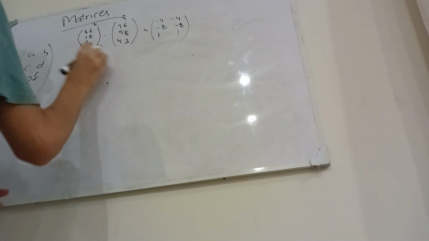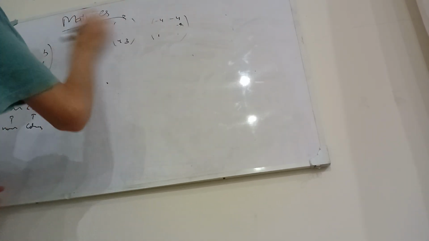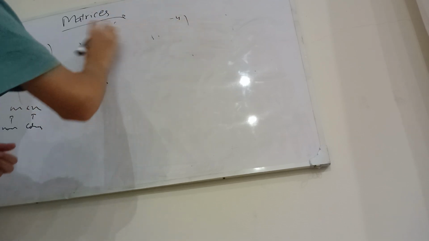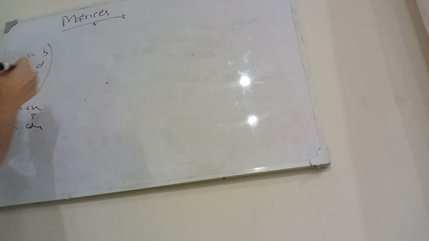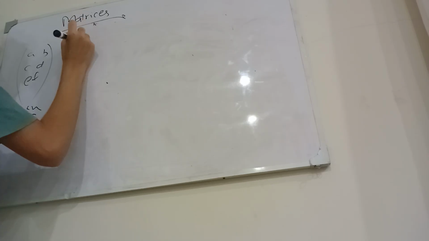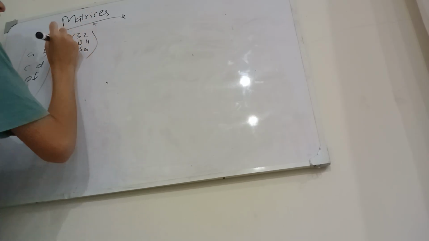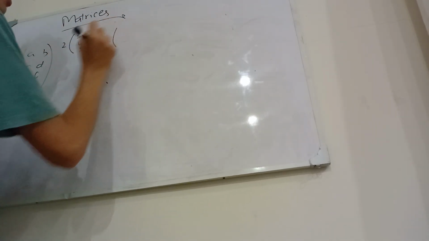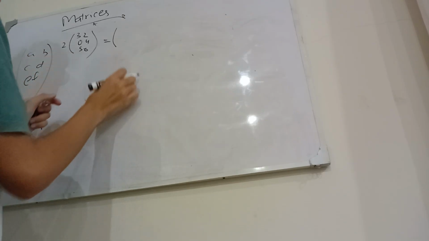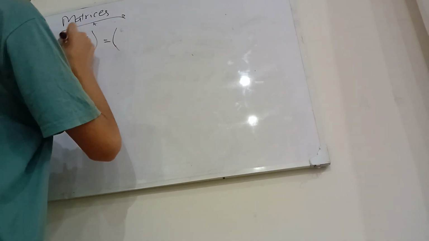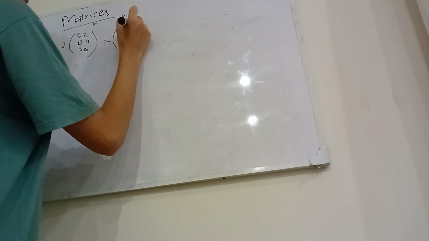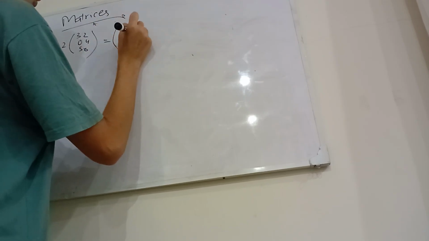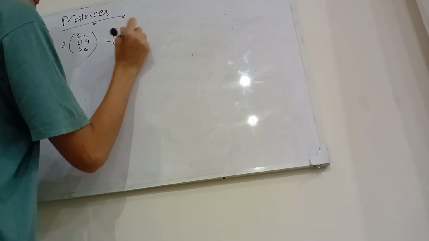Want to multiply a scalar with a matrix? Sorry, why did I erase this? Anyway, if you want to multiply a scalar with a matrix, you just multiply the scalar with every part of the matrix. So like 6, 3 2s are 6, 2 2s are 4, 0, 8, 10, and 12, right?